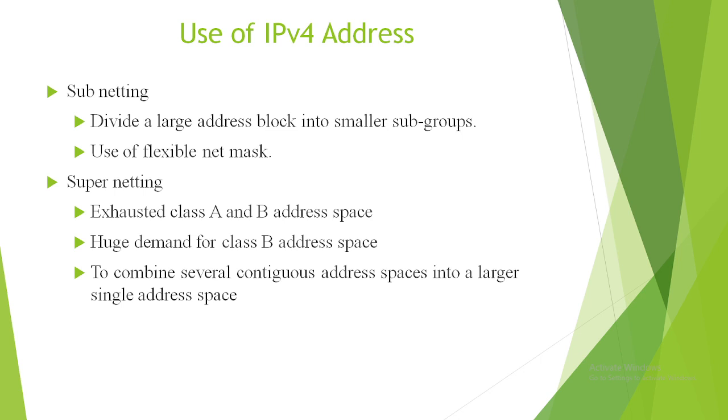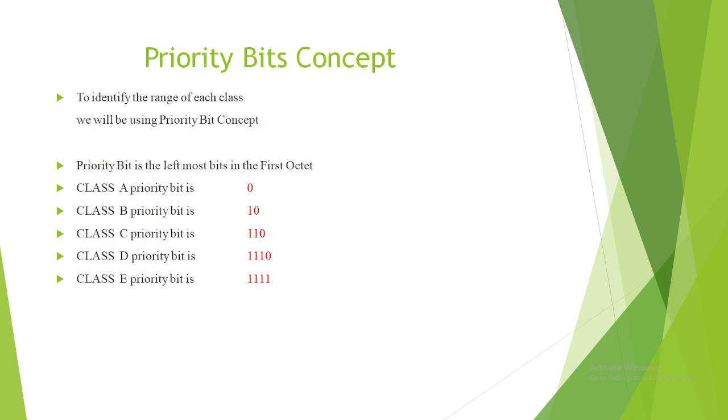Supernetting was introduced because of the huge demand for the Class B address space. It combines several contiguous address spaces into a single large address space.